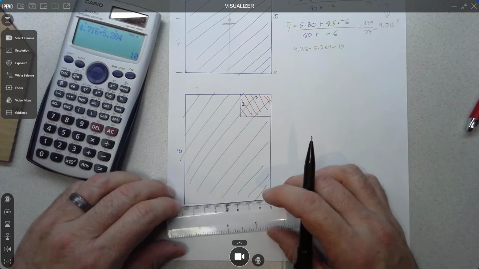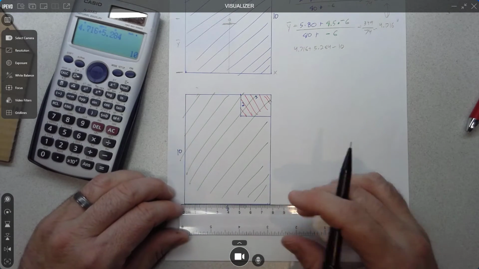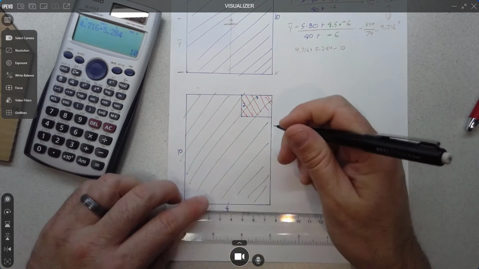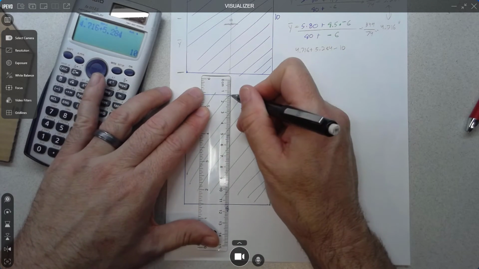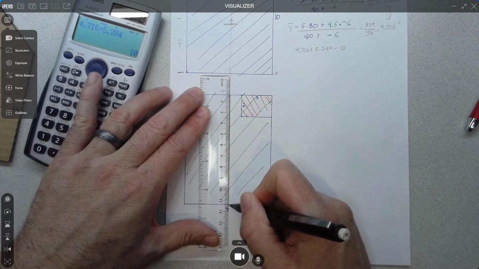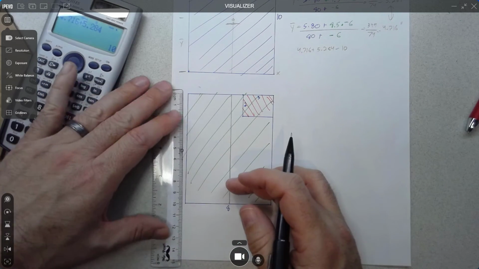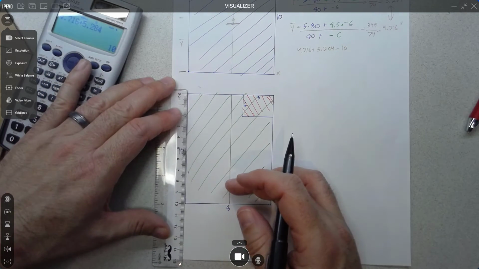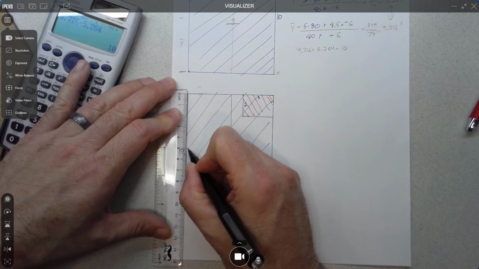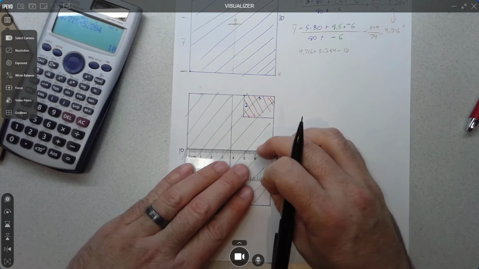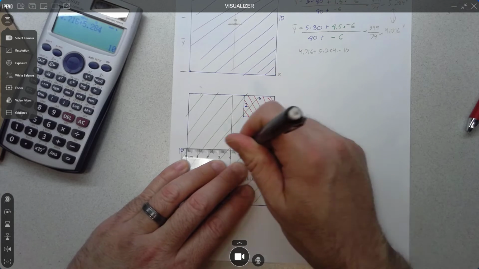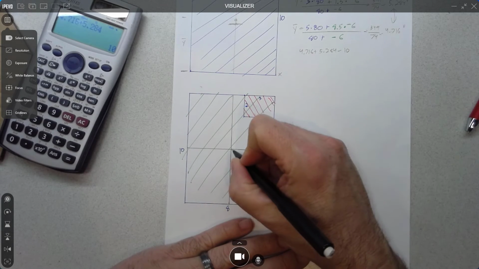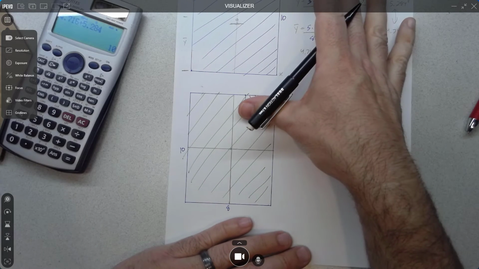That's going to be centered at 4, and then at 5. So we know that roughly right there is the centroid before we cut out the piece.